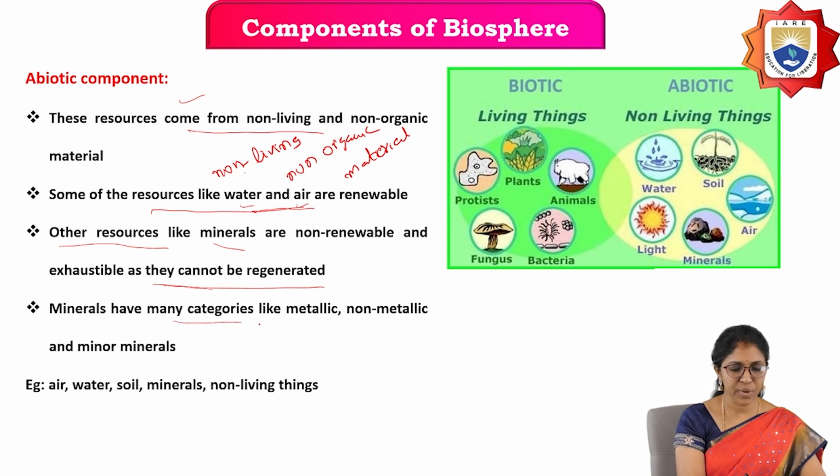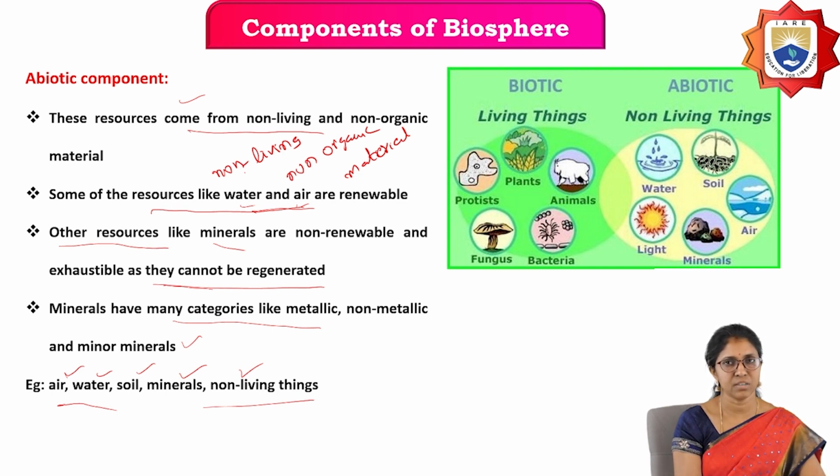Minerals have many categories like metallic, non-metallic and minor minerals. Examples of abiotic resources are air, water, soil, minerals, non-living things. These come from non-living and non-organic material.